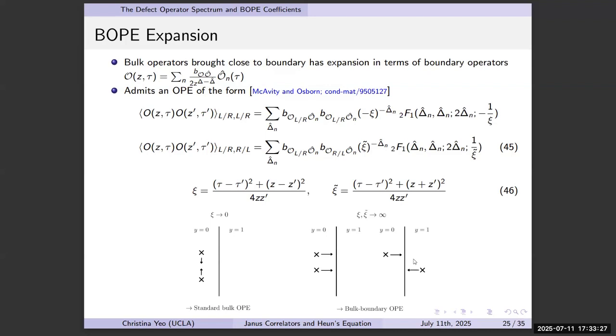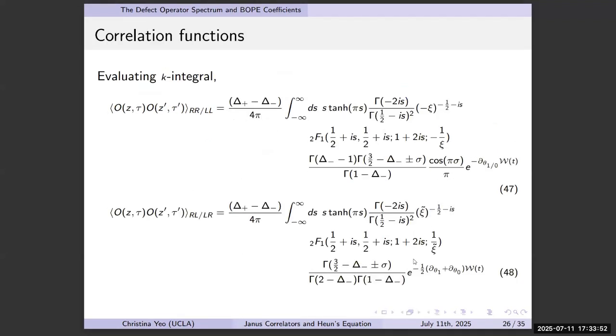And then the psi and psi tilde going to infinity limit corresponds to keeping the sources separate and just taking them close to the interface here. That's what's going to take this boundary OPE form. So we are going to look at this limit, because that'll tell us the data that we want about the spectrum of the boundary operators.